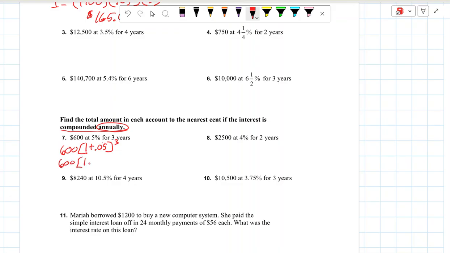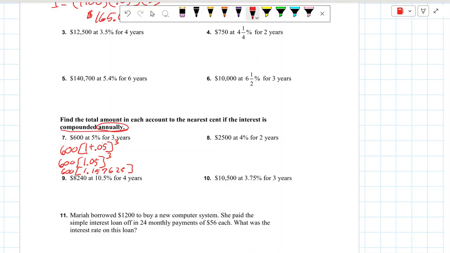So 600. I'll use my calculator with the exponent and get 1.157625. I'll multiply that by 600. That's not so easy.